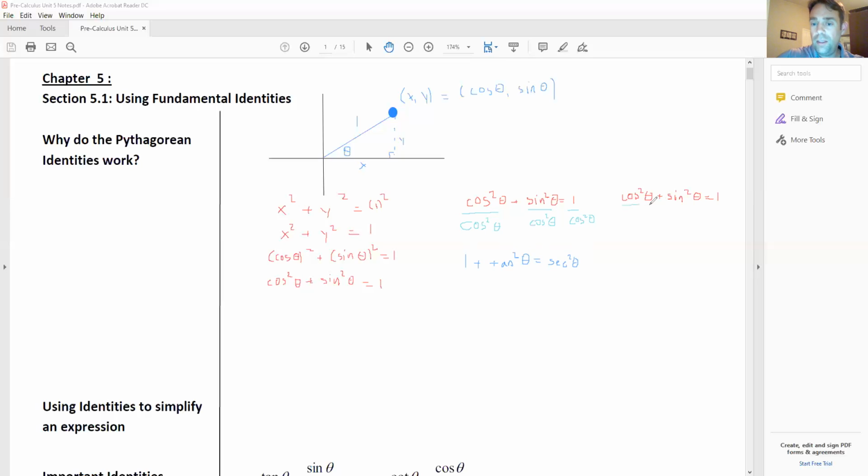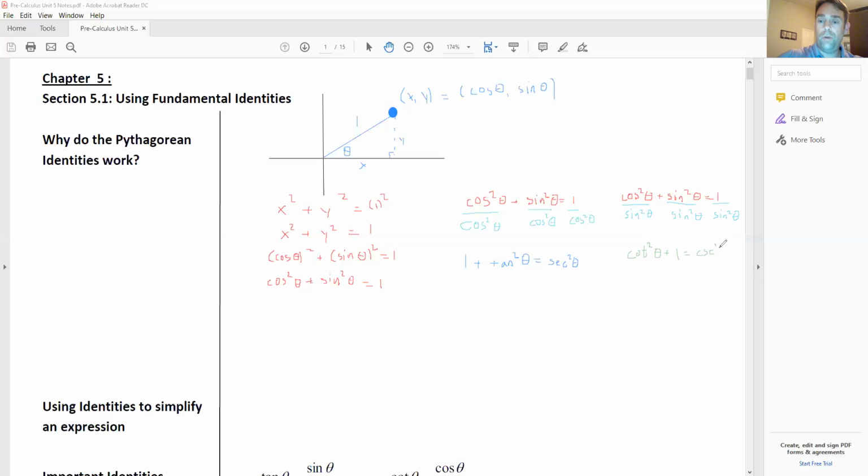And if we do the same thing but divide by sine squared, we end up getting cotangent squared plus 1 equals cosecant squared.